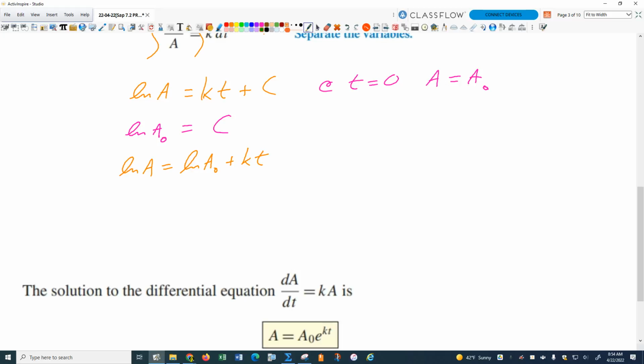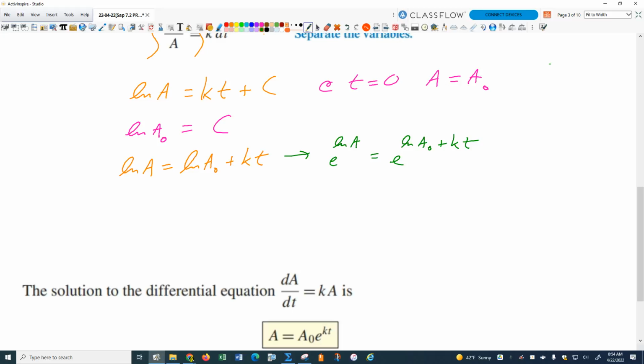I always just say, now if I want to undo logs, I'm going to exponentiate both sides, right? So we get e to the log A equals, e to the left side equals e to the right side, equals e to the log A naught plus kt, right? Okay, well, what do our exponent rules say about this?